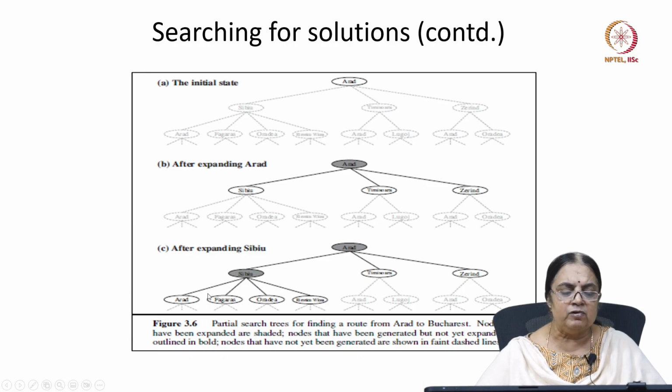If you look at all these leaf nodes, one of them will have to be chosen for expansion at every point in time. When we expand a node, for example, if we go from Arad to RBU and go again to Arad, it doesn't make any sense. So generally what is done is that you see if it is already an explored node, then you are not going to go back to Arad.